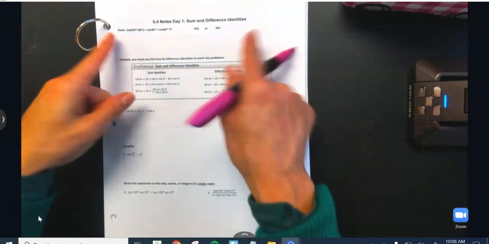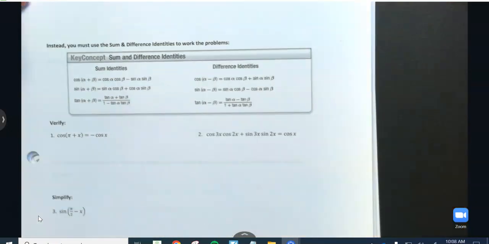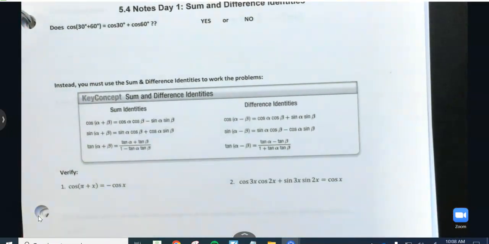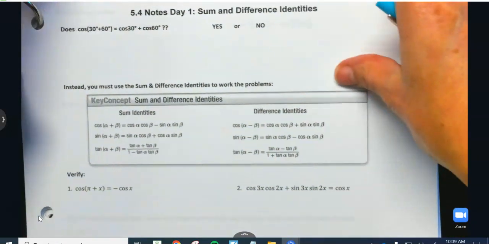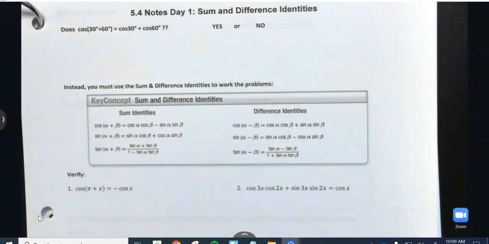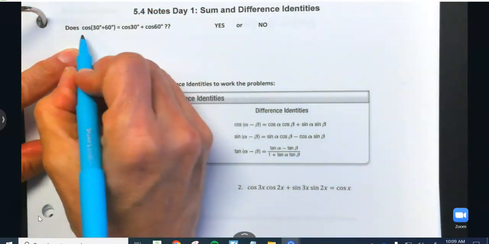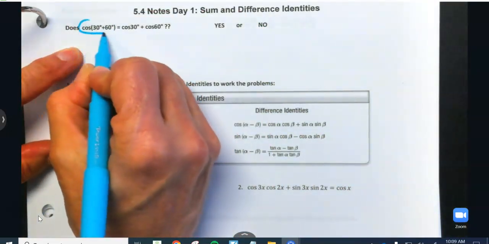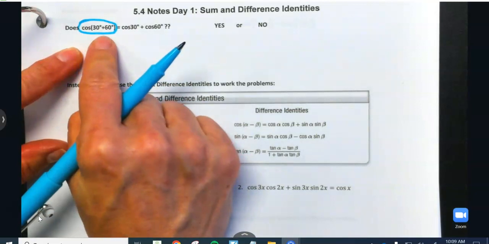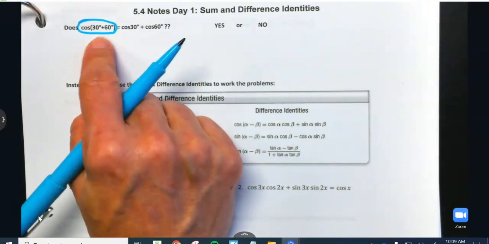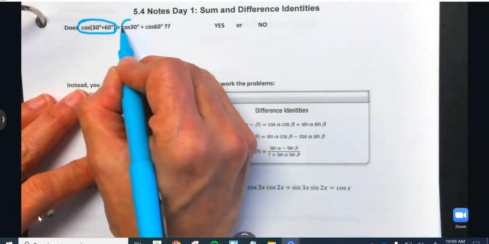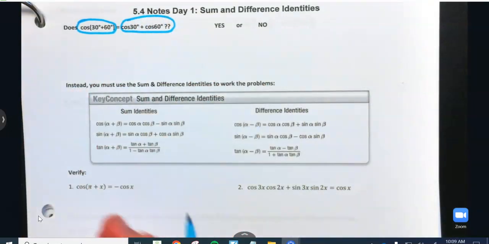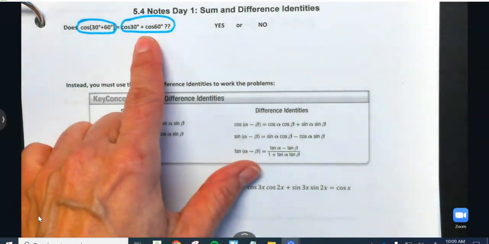So on page 33, before we look at this box, let's go ahead and answer this question up here. Oh, we got a little true-false number sentence. These are always fun. Let's look at this part right here. Does cosine of (30 plus 60) equal cosine of 30 plus cosine of 60?